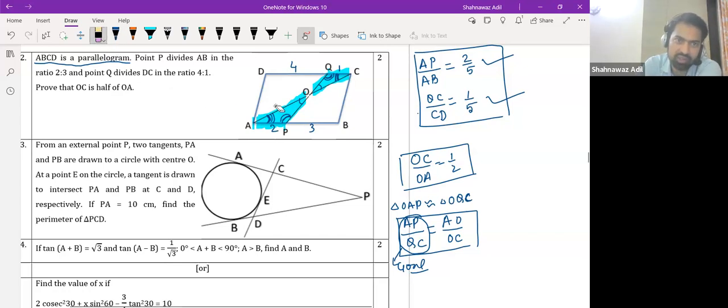So we have this question, Shaima, that ABCD is a parallelogram, and P divides AB in 2:3 ratio, and Q divides DC in 4:1 ratio.